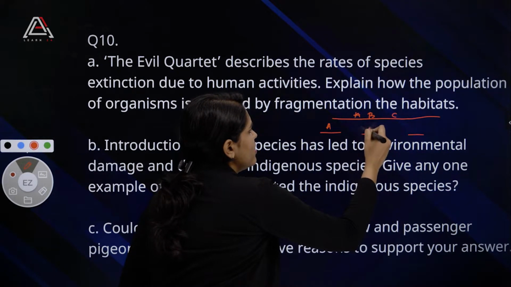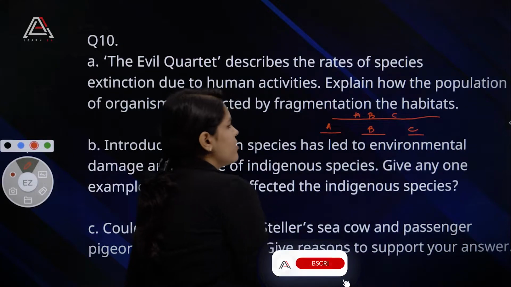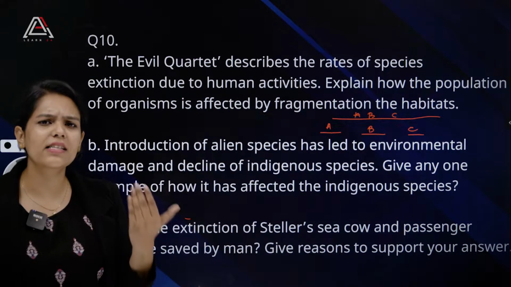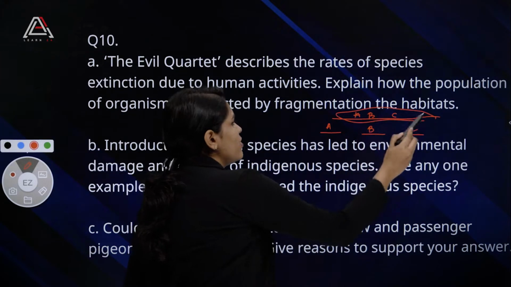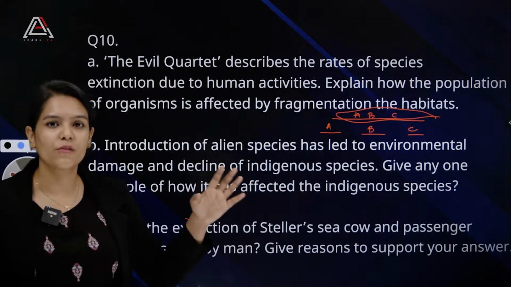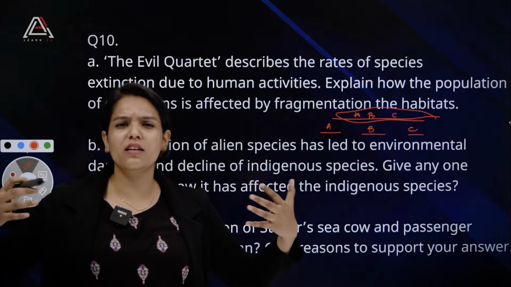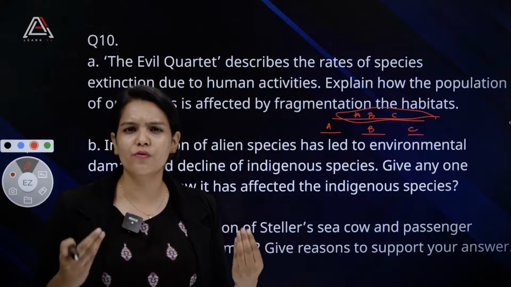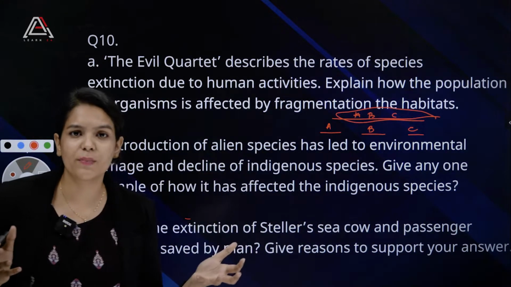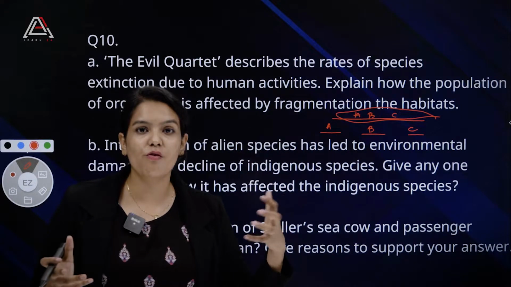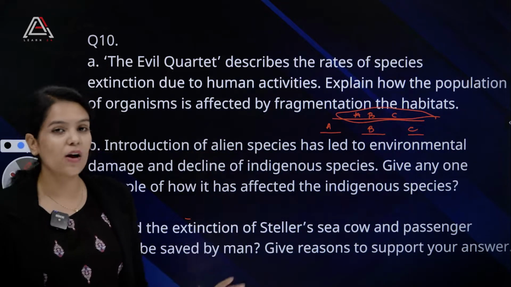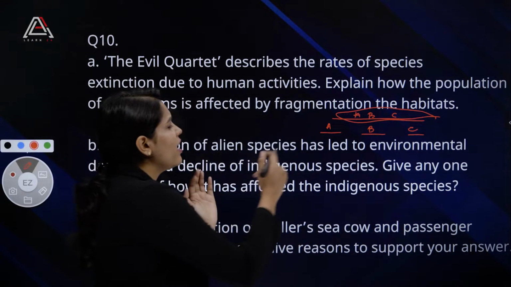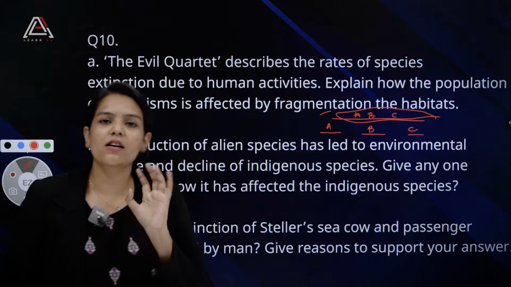A is staying here, B is staying here, C is staying here. So what is happening here? So when there was A, B and C together in a big field, they are getting resources, food, and I know there will be a concept of competition and survival of the fittest here, but they are getting food out of it. Okay, so they were getting unlimited resources.